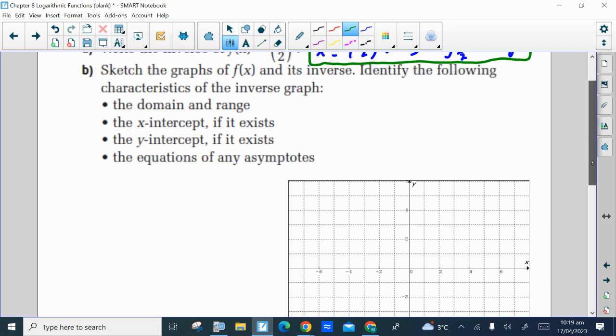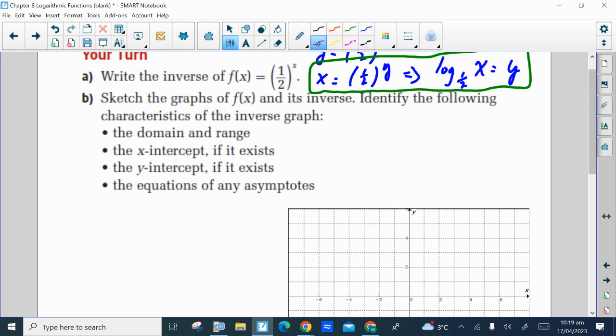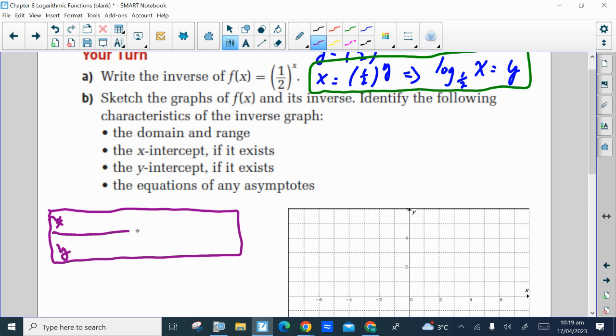To sketch this, again, we will use a table of values. And because we don't know how to evaluate logs with bases other than 10, except changing each one from logarithmic to exponential and trying that, instead of doing it that way, we will do it by using the exponential form. x equals 1/2 to the power y, where y is the independent variable.